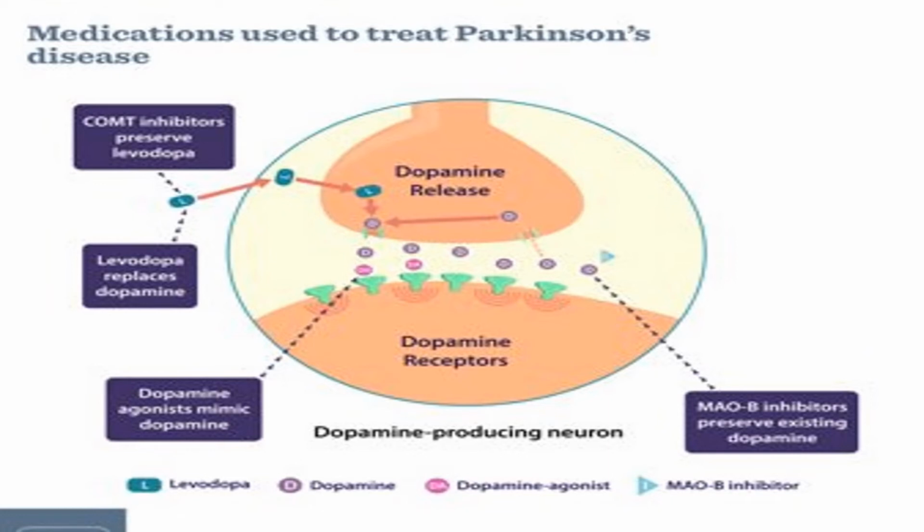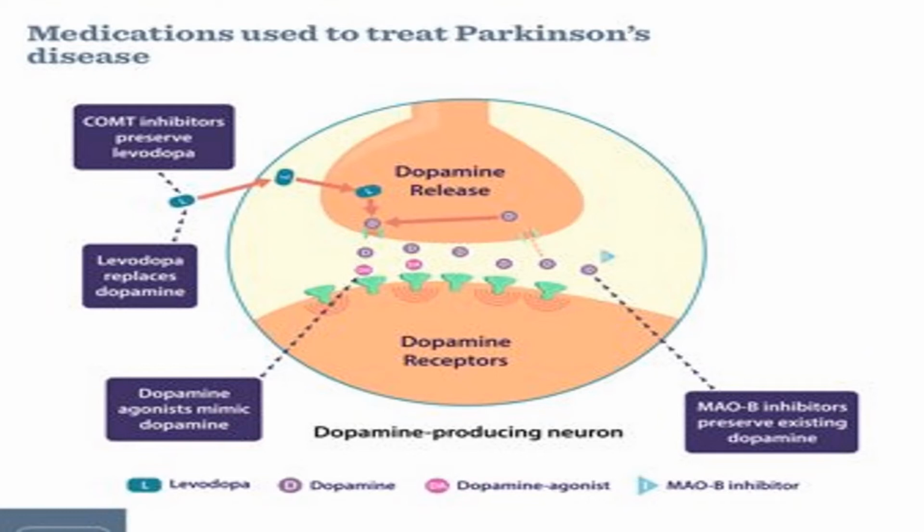This next slide will help you visualize what the different medications are attempting to do. So it really comes down to two things. Can I make a drug that increases dopamine that can have an effect on the dopamine receptors? And there is a medication like that. Can I make a drug that mimics dopamine?